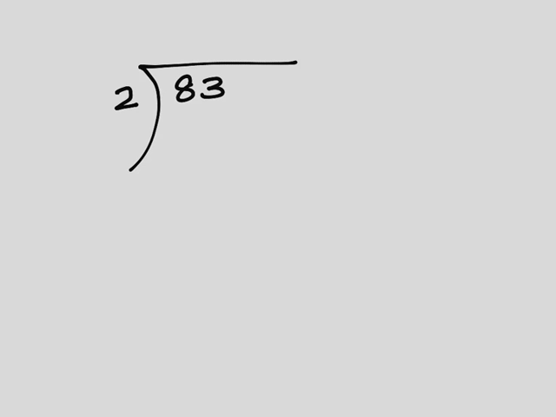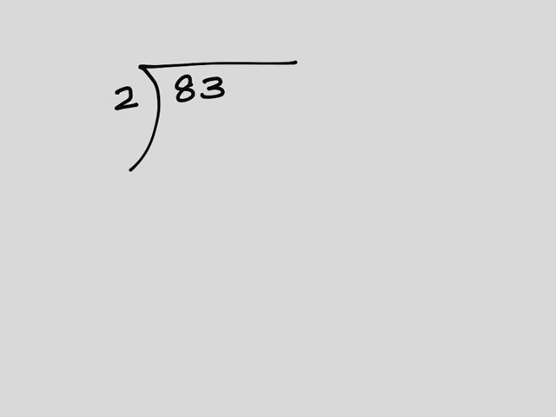How to divide 83 divided by 2? So 83 divided by 2 equals what? So let's write the dividend 83 like so, and outside this big parenthesis we have to write the divisor, which is 2, and let's do this division problem. 2 times what will be 8?